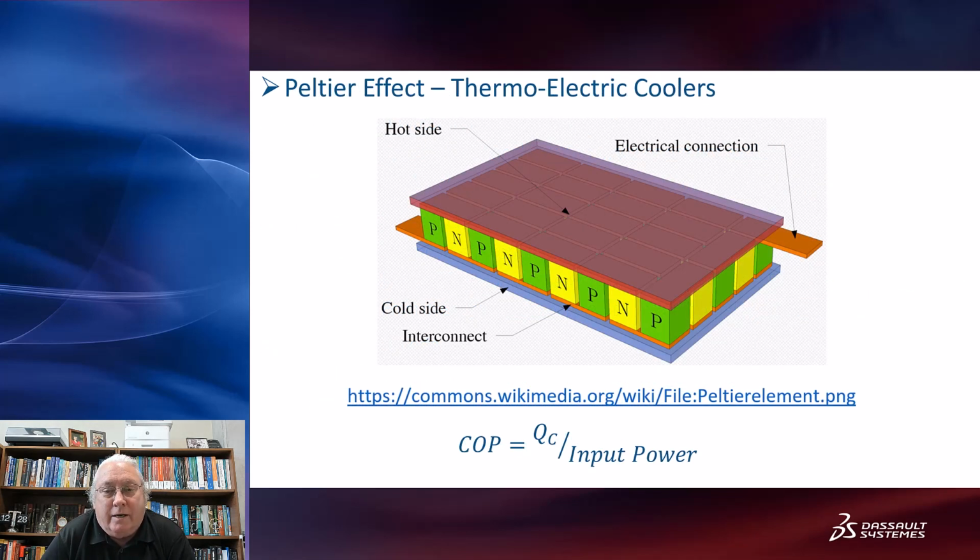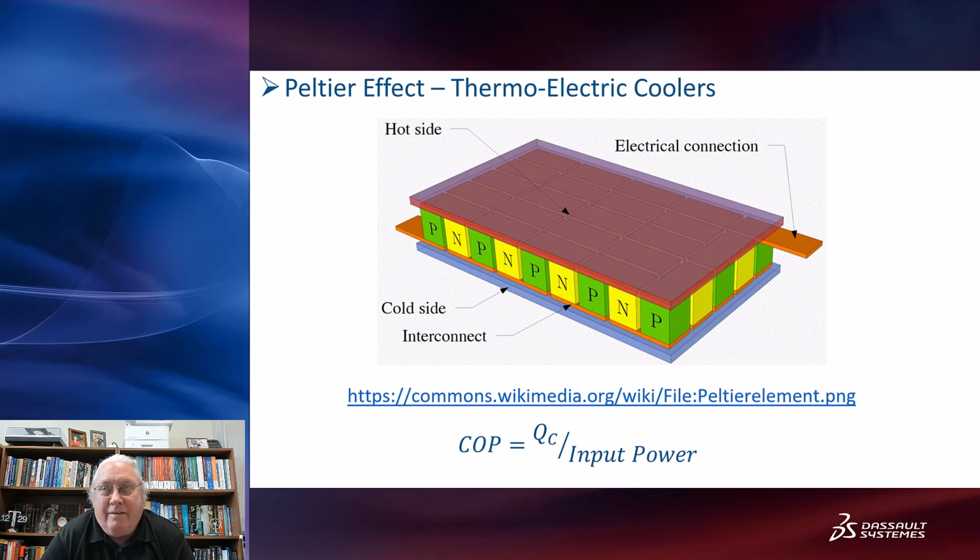So, a quick summary of the Peltier effect using these thermoelectric coolers. They have these P and N semiconductor couples, and you supply a DC voltage across the device, and it pumps heat from one side to the other. Like I said, there are no moving parts.